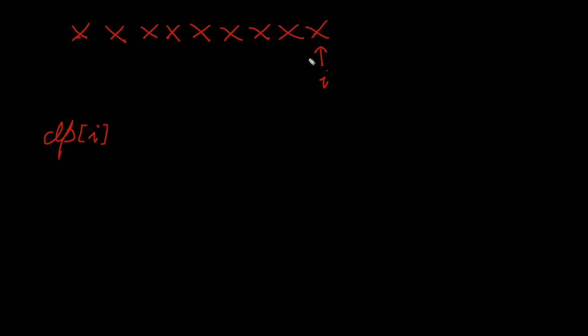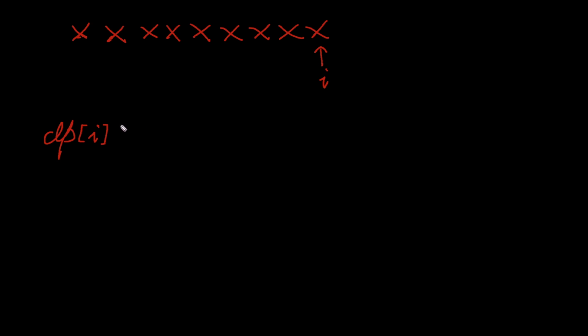Because we know the current state ends with I, and we want to know all the possible ways that we can get by ending with the I here.